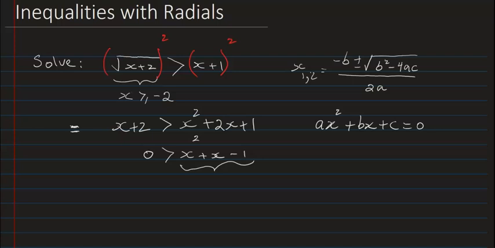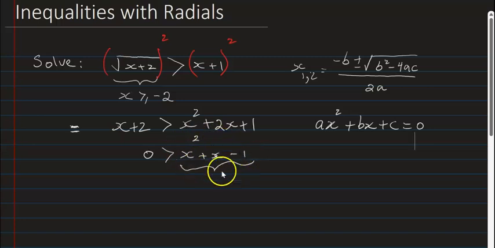We plug numbers in, where a is the coefficient of x squared, b is the coefficient of x, the middle term, and c is the constant. Using the values from this quadratic, coefficient 1 here and -1 for c, we plug in and simplify.